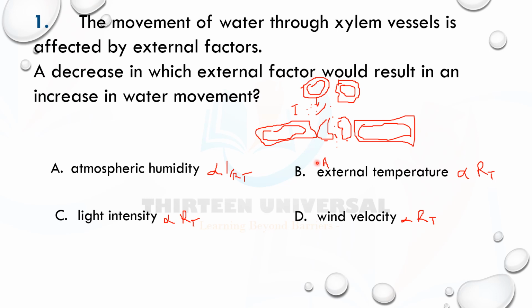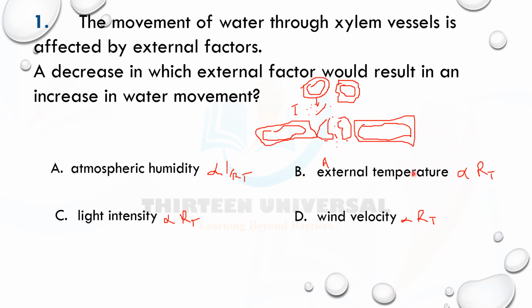If the humidity is low, the vapor outside in the atmosphere is quite low compared to the vapor inside, and that increases the water potential gradient between the air inside and outside. The diffusion gradient becomes steeper, and therefore the rate of transpiration increases.